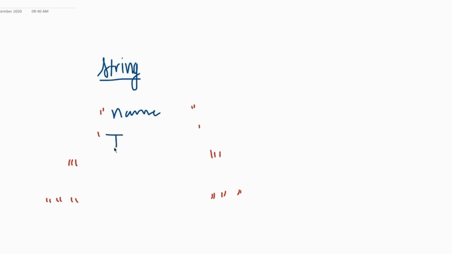For example, John, that's a string. Now let's try to understand why you would need to use any of these string types. So first let's understand these, and then we will get to these ones.